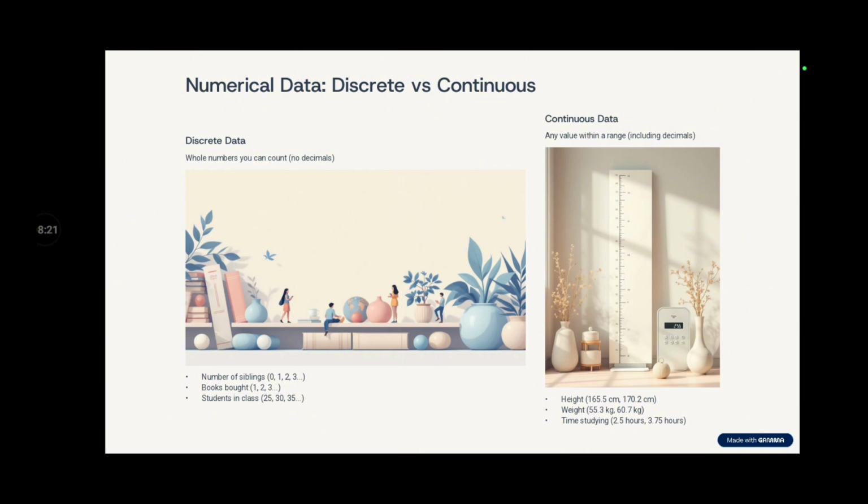We have no decimals. And continuous data can take any value within a range, including decimals, like a height of 165.5 centimeters. This contains decimals, so this is continuous, and it can be between a range too. So these are the types of numerical data: discrete versus continuous.